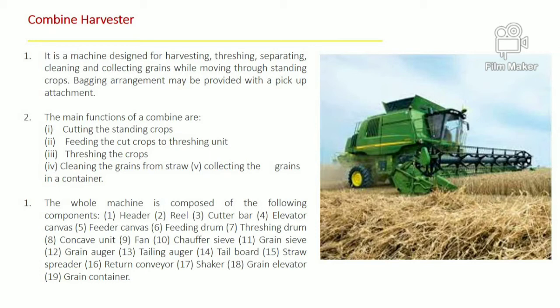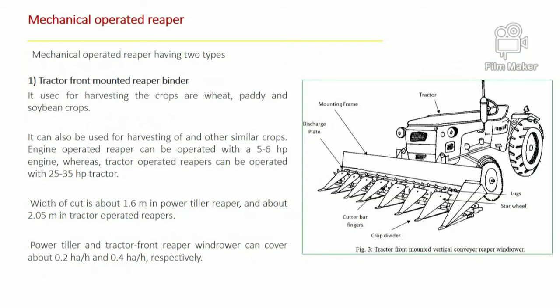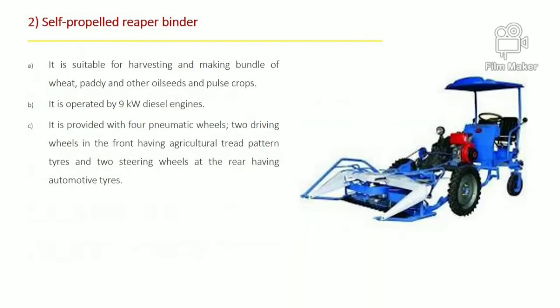The main functions of a combined harvester are cutting the standing crops, feeding the cut crops to threshing unit, threshing the crops, cleaning the grains from straw and collecting the grains in a container. Mechanical operated reaper and self-propelled reaper are also used in harvesting.